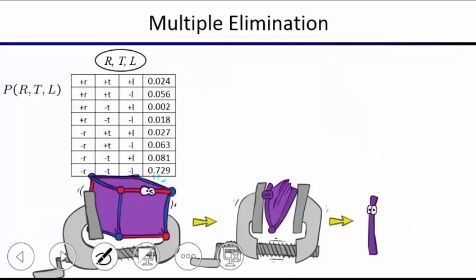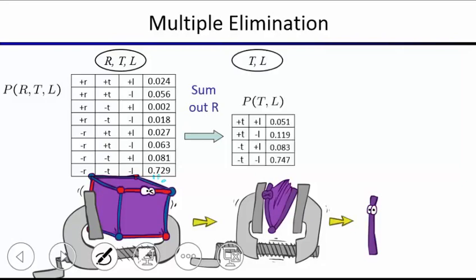Okay, so here's our running example. We had built up the joint distribution over R, T, and L by joining together the first two factors and then the resulting factor with that last factor. Now summing out over R and T, let's sum out over R first. That means we get a table over just T and L. Each entry in that table, for example, this entry here, plus T plus L, comes from summing together the consistent entries in the original table.